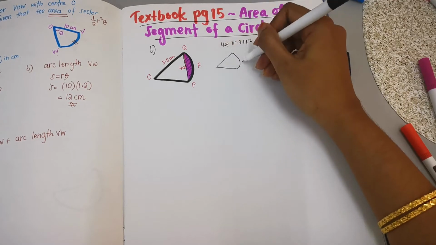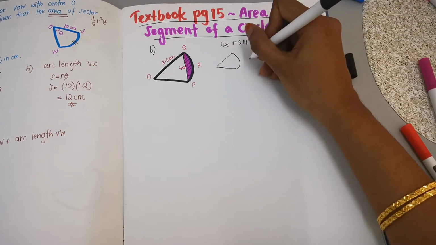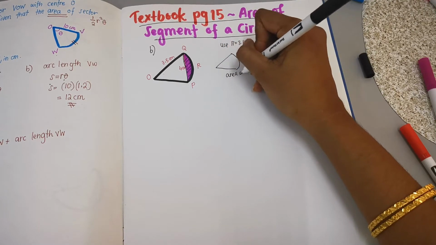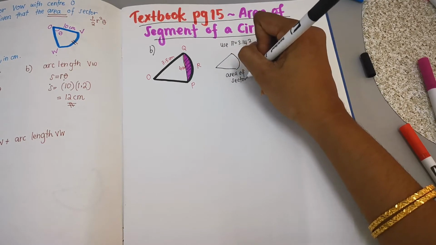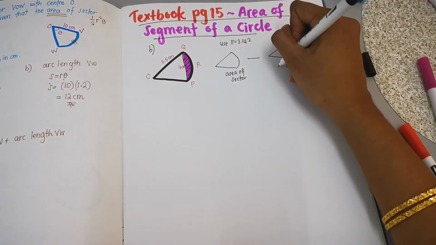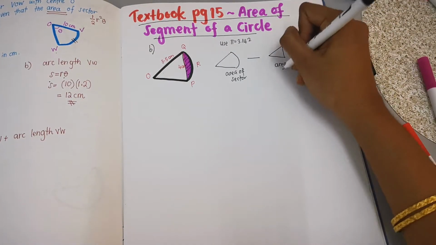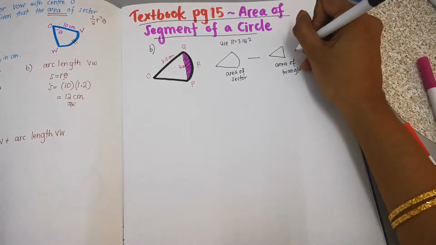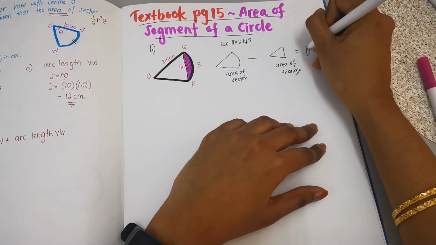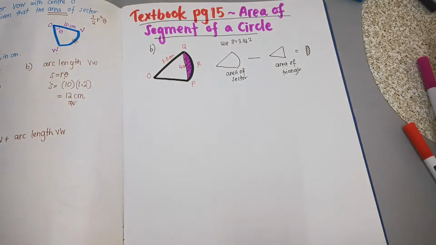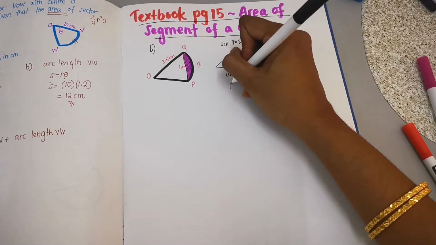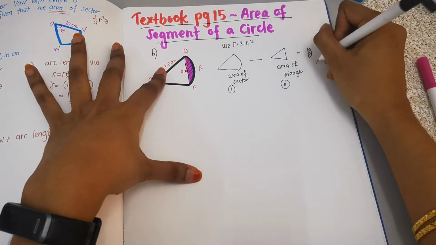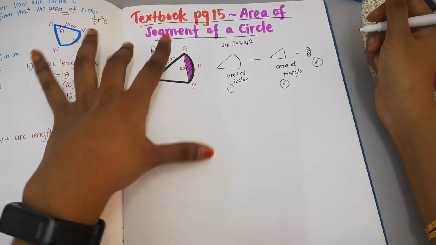So we take the area of the whole sector minus the area of the triangle. Can we get the shaded part only? Yes, definitely. So let's do that step by step: the first step, then the second step, then when you minus, you will get the answer.